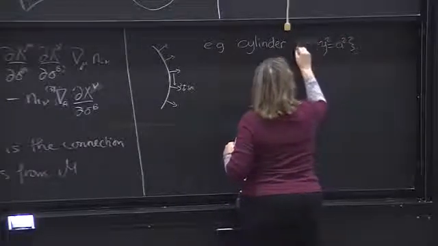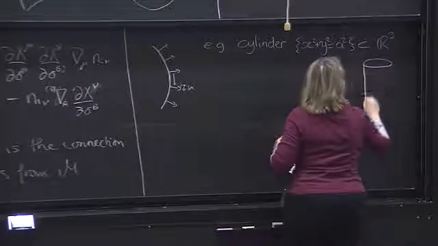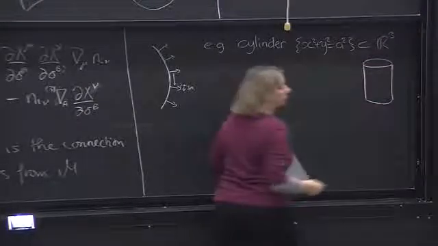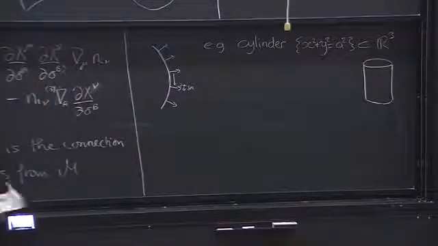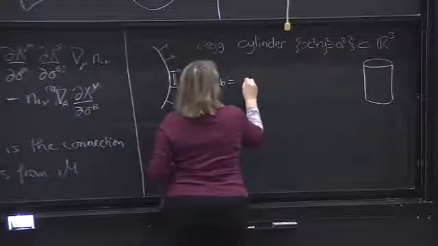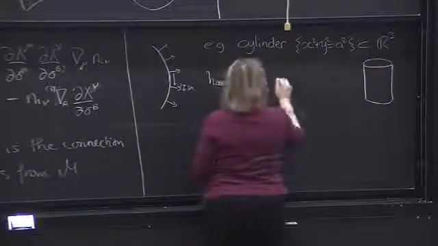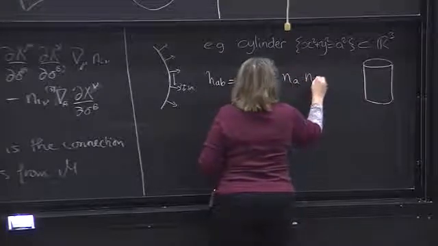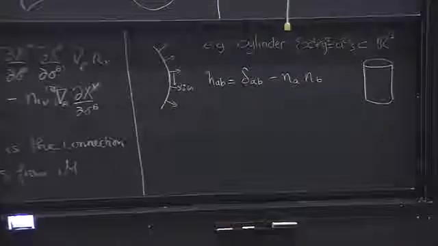And we'll look at the example of a cylinder embedded in R cubed. So my first fundamental form, we're in Euclidean space now. So in fact, it's a different set of rules for the minus signs.